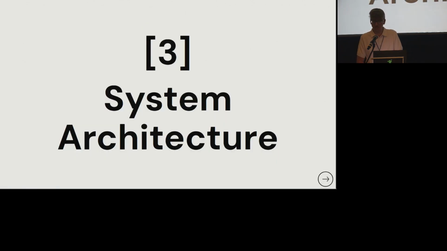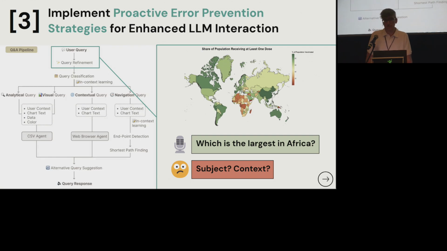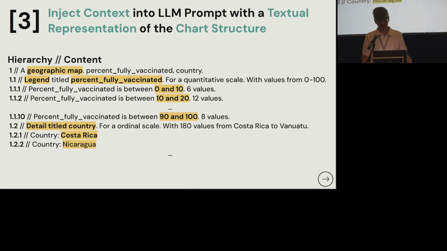Now let's take a deeper dive into the architecture of our system. Since we're using a real dataset of blind and low vision user questions, a lot of them tend to be vague or maybe lack some context that could decrease the accuracy of our large language model. So to address this, we implement a proactive error prevention strategy.